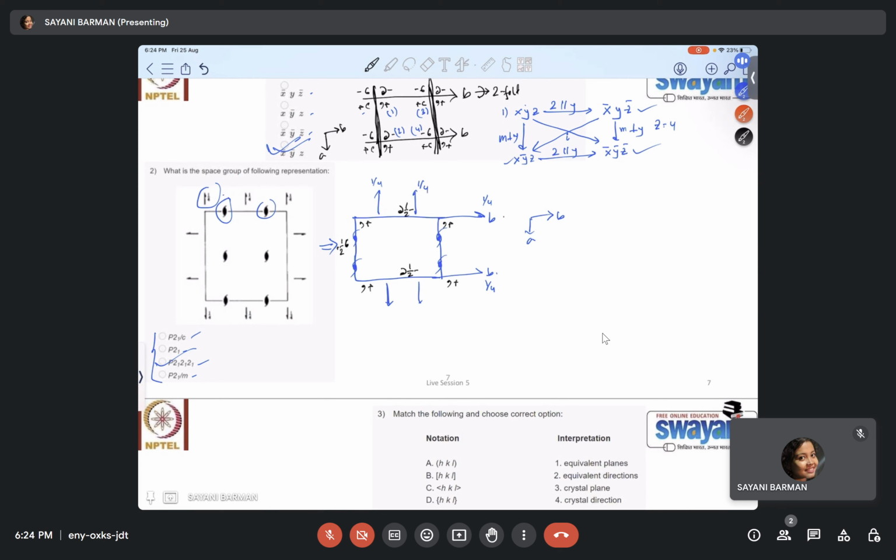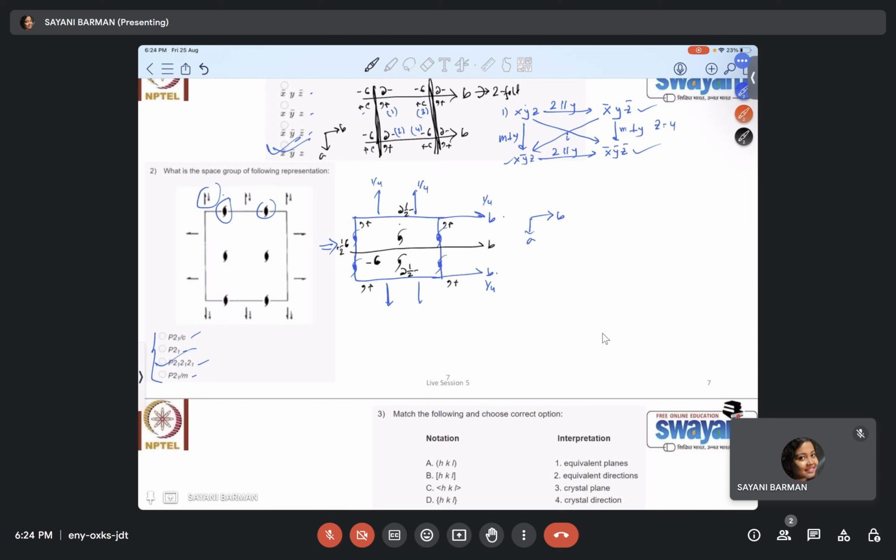So if it translates more, then it will come around here. So another screw axis is getting generated. Okay, I'll just draw this one, and another screw axis, this is another screw axis along B. So this one is getting generated, half translation and two-fold rotation.